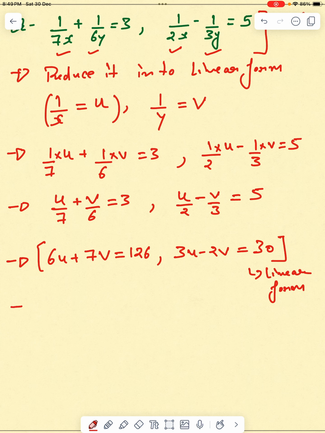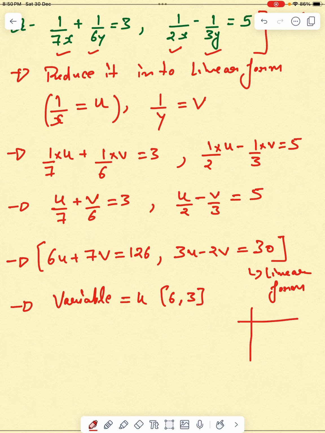Okay, now what is our next step? We have to choose any variable, u or v. So I'm choosing u. The coefficient of u in our first equation is 6 and in the second equation is 3. So find the LCM of 6 and 3.